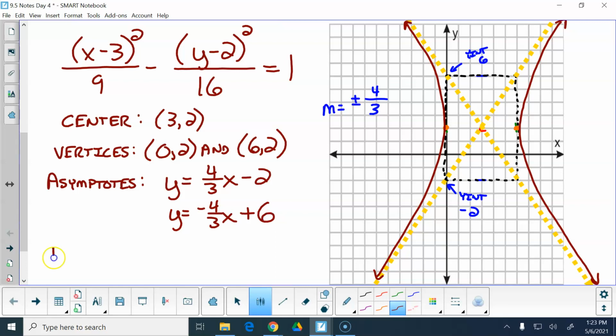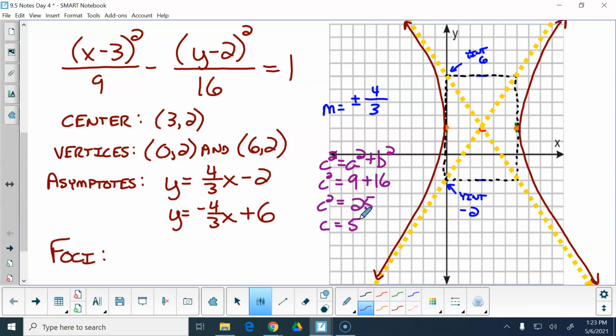Foci are next. Pythagorean theorem. A squared is 9. B squared is 16. 9 plus 16 is 25. So c is 5.